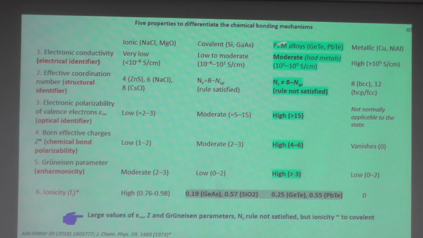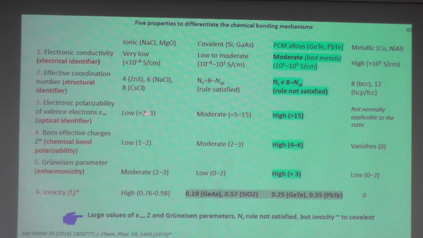Phase change materials have moderate electron conductivity, a little bit larger than covalent, but smaller than metallic. Structural identifier: they do not satisfy this rule for coordination, and this is the number of s and p electrons.